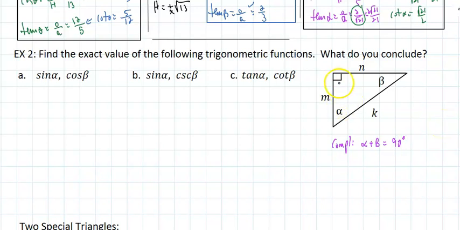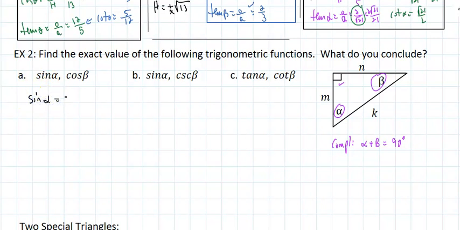And do we agree that if this is 90 degrees, then the sum of those two must be 90? Directions here says, find the exact value of the following trigonometric functions. What is the sine of alpha?